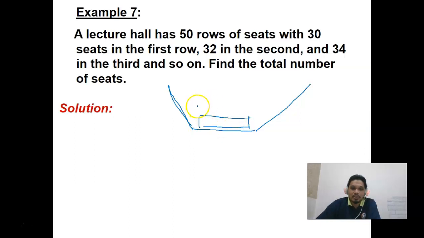You are sitting in front of your lecturer, and the first row has 30 seats. The second row has 32 seats. The third row, 34 seats, and so on.